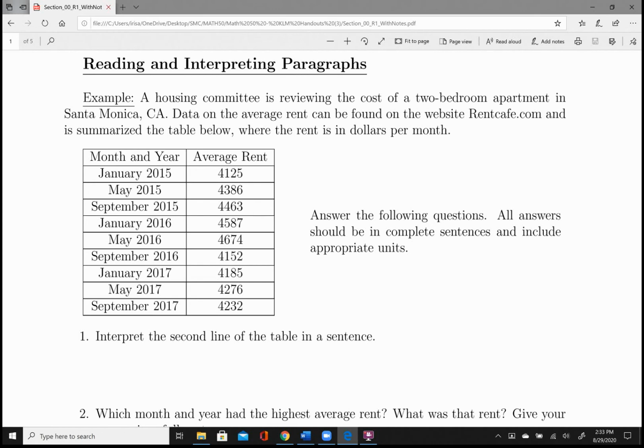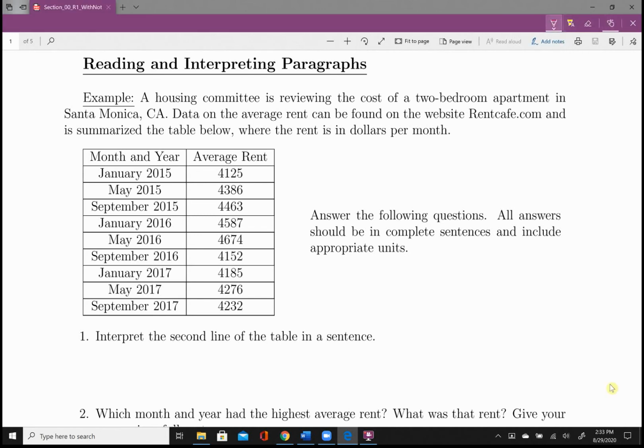Okay, great. Let's go ahead and jump into this first example. It states that a housing committee is reviewing the cost of a two-bedroom apartment in Santa Monica, California. Data on the average rent can be found on the website rentcafe.com and is summarized in the table below, where the rent is in dollars per month. So you'll notice that there's a table, this is the table in question.